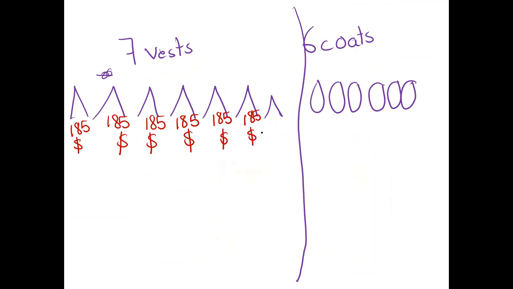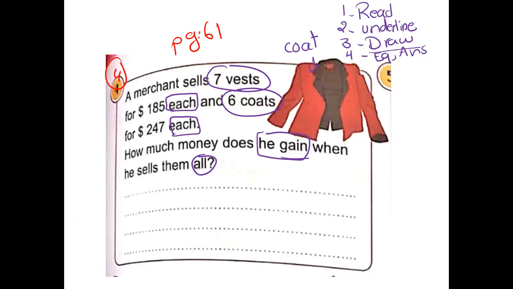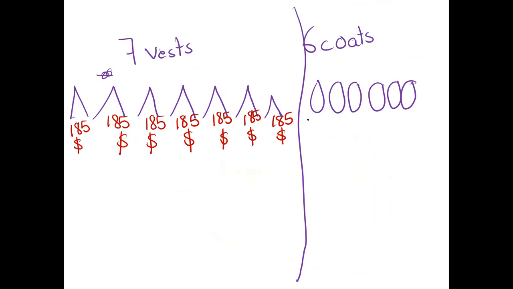And the coats, how much money does he gain to buy the coats? Each one of them 247. So here $247, and here $247, and here also $247.